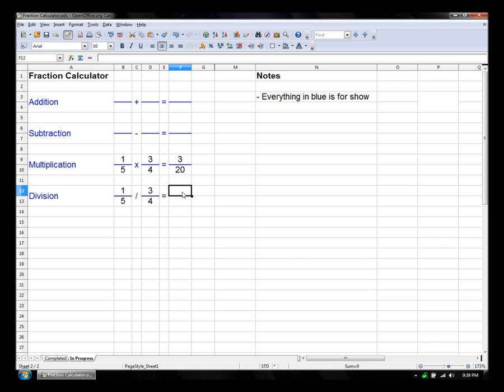So we'll do equals that times that. Four fifteenths. 1/5 divided by 3/4 equals 4/15.